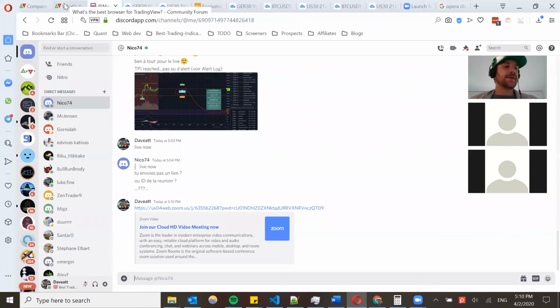Quick thing. For using TradingView, I don't use Chrome. I use the browser called Opera, this big O. By the way, I have a new laptop with 16 GB of RAM. It's a beast. And with Chrome, when I have a lot of TradingView tabs, it's very slow. But with Opera, it's very fast.